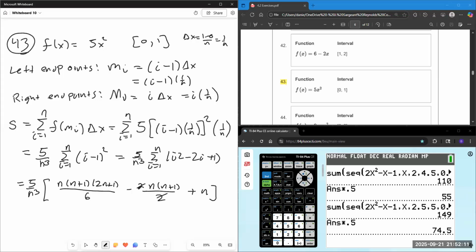And that leaves me with 5 over n cubed times, let's pull the common factor of n out of all these, n plus 1, 2n plus 1 over 6 minus 2 times n plus 1 plus 1.